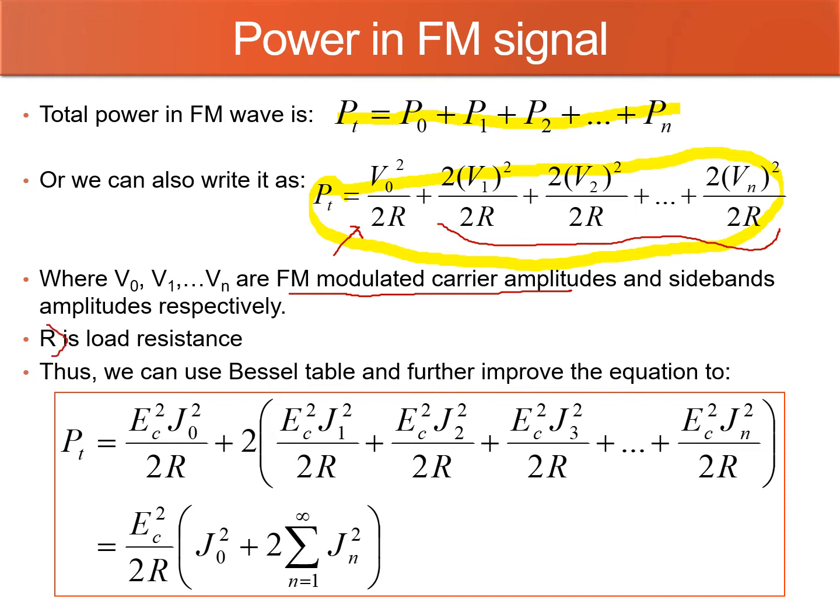R is the load resistance. We will be given, for example, R equals 50 ohm, so just substitute the value of 50 ohm. Thus, we can use the Bessel table and further improve the equation to this full equation.